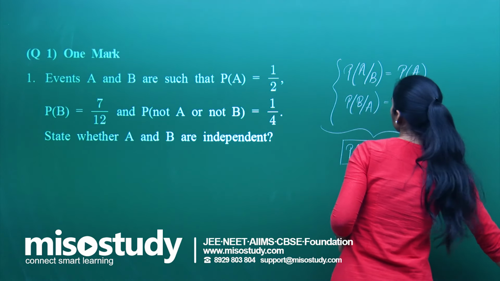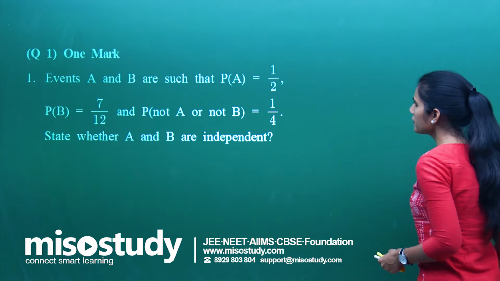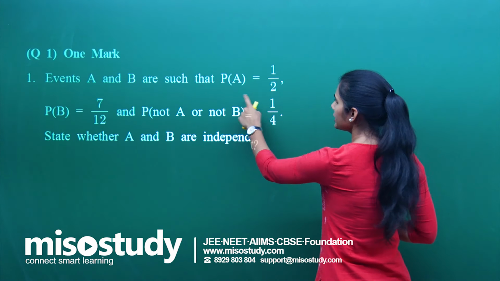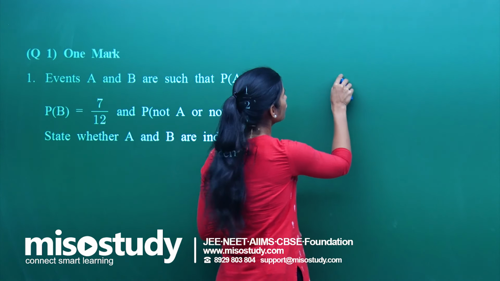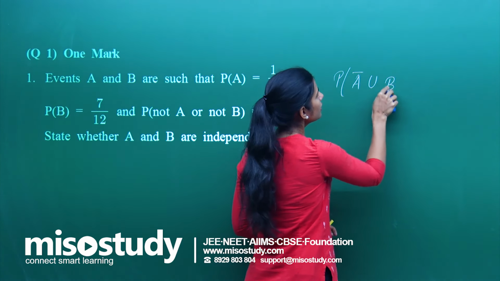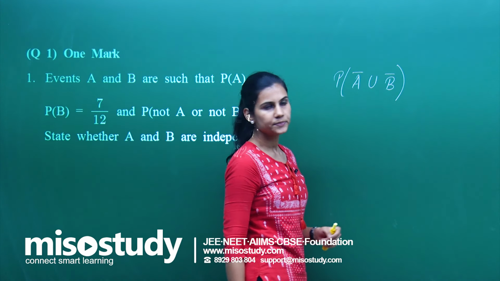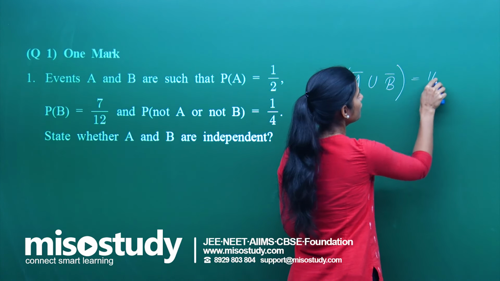So let's begin with watching out the conclusion regarding the independence of the 2 events A and B. The probability of A is this, of B is this, and the probability of not A or not B is 1 by 4. How do you write that? Not A means A bar, or means union, not B means B bar. Not A or not B is given to be 1 by 4.